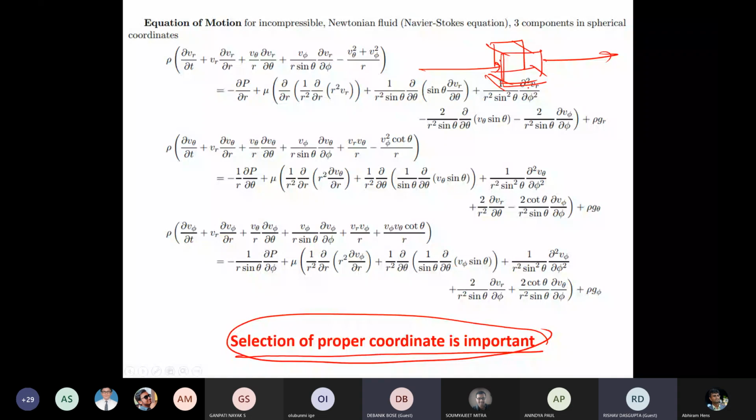If I ask you to solve this problem, then should you apply Cartesian coordinate? You can apply, no problem with it, but it is better if you choose cylindrical coordinate here. Okay, because cylindrical coordinate will give you an axis and one r direction and a theta. So r theta z. So this is the z and this is r, and you have an angle here, theta. So cylindrical coordinate will be helpful to describe this system.